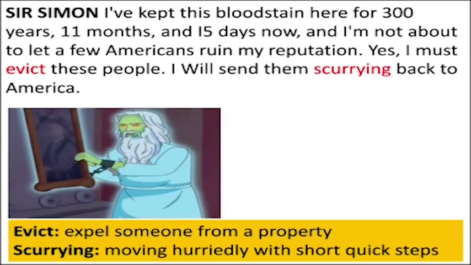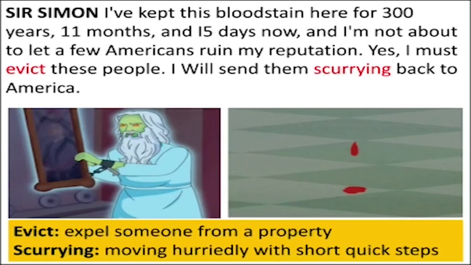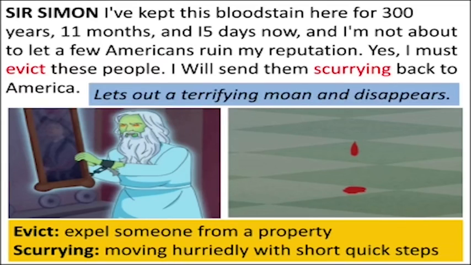So in this scene, we can see that Sir Simon the ghost is putting the portrait back on the wall, and he is recreating the blood stain marks on the rug on the floor by using the paints of Virginia which were kept on the table. Now let's see. Here Sir Simon lets out a terrifying moan and disappears from the library.